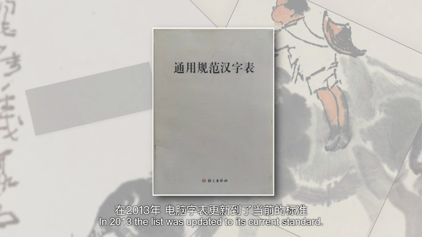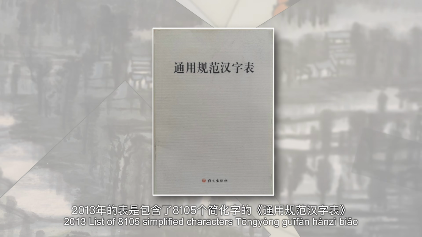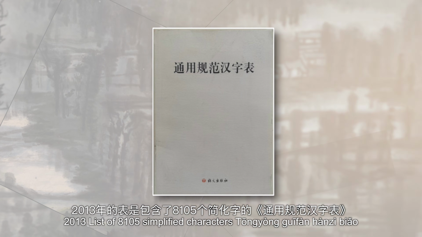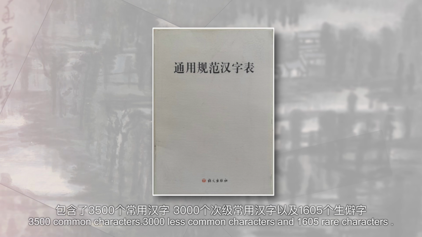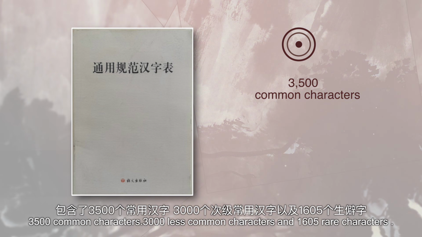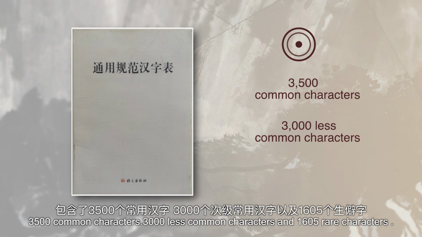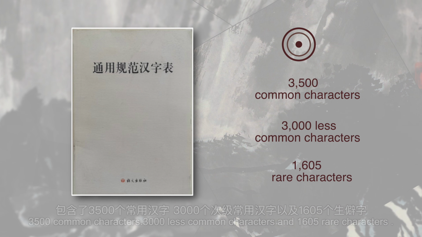In 2013, the list was updated to its current standard, the Tongyong Guifan Hanzibiao, which consists of 8,105 simplified characters. That is, 3,500 common characters, 3,000 less common characters, and 1,605 rare characters.